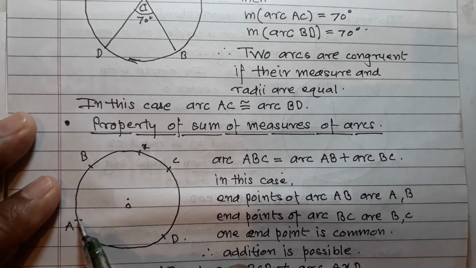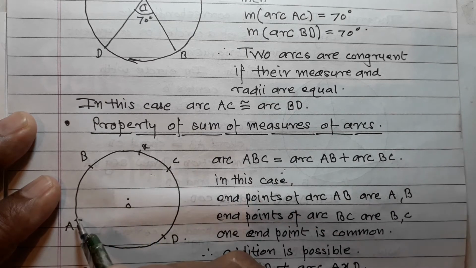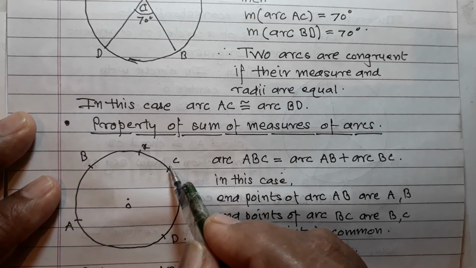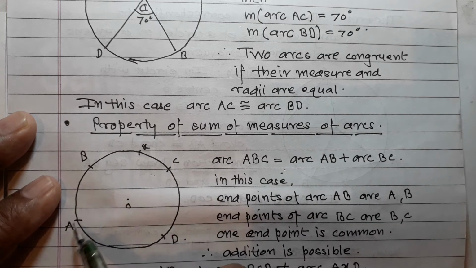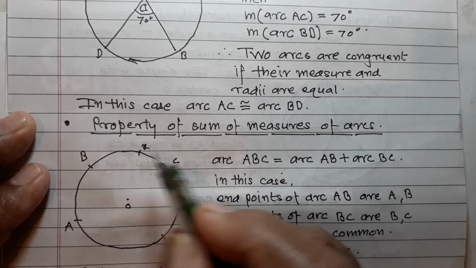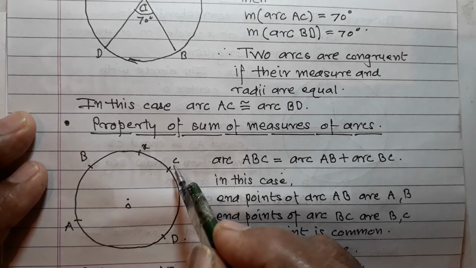Now arc AC is also there. So this AC, you denote by arc ABC, because this arc is large. So when the arc is small, then you can denote it by 2 points. But if the arc is large, then you take a point between them and denote it that way.